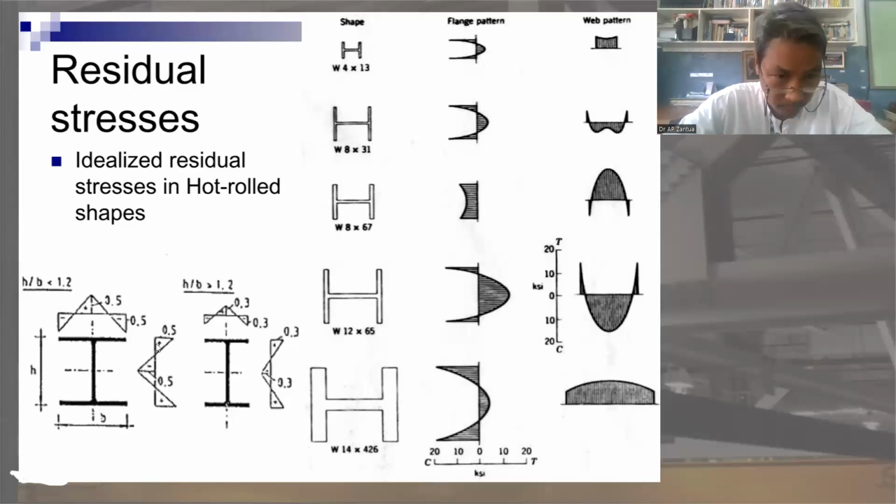What about the vertical stress? Look, this straight line is the neutral axis. Similarly, this line is the neutral axis. So we are visualizing the amount of stress inside the material.